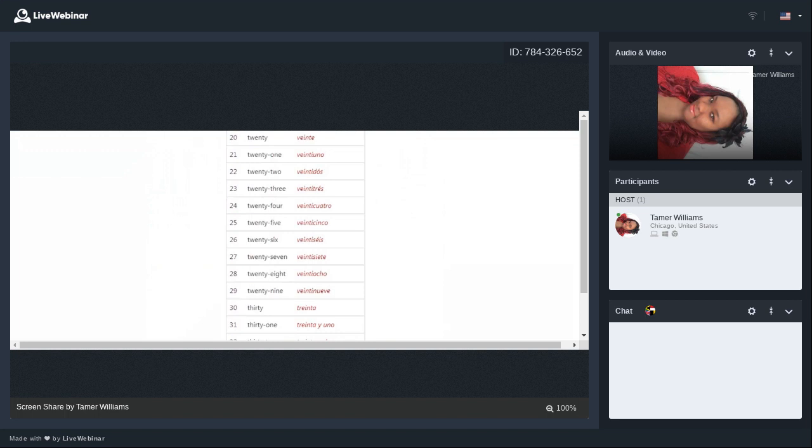So for 21, veintiuno, veintidós, veintitrés, veinticuatro, veinticinco, veintiséis, veintisiete, veintiocho, veintinueve, which is 20 plus 9, hasta llegas a 30, until you get to 30.